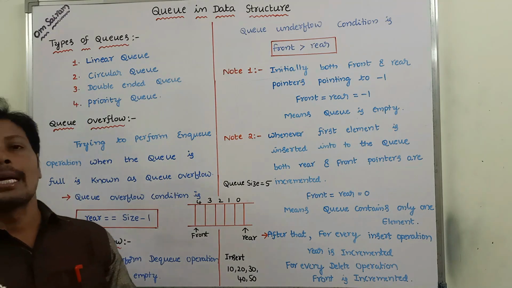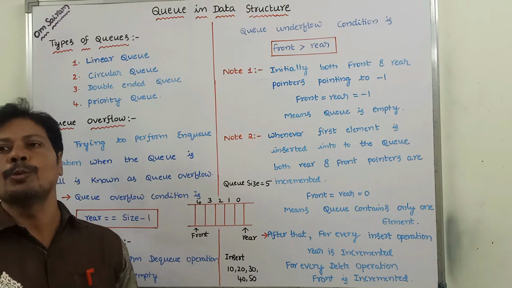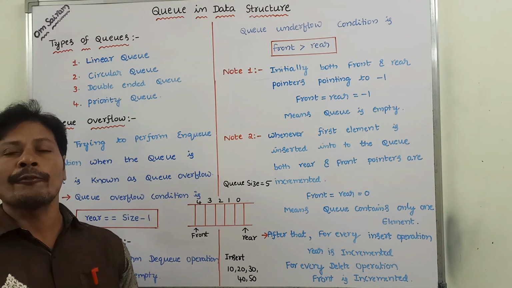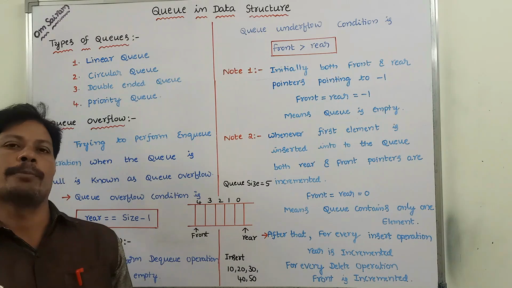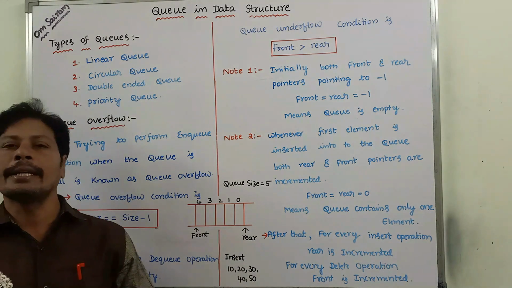Second one is circular queue. In the case of circular queue, the elements are stored in a circular fashion. Next one is double-ended queue.